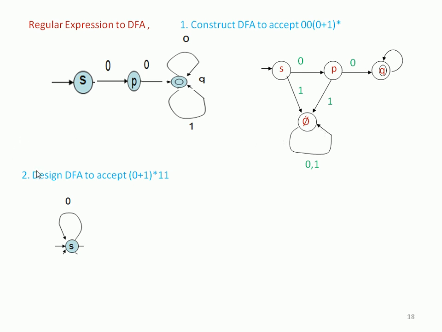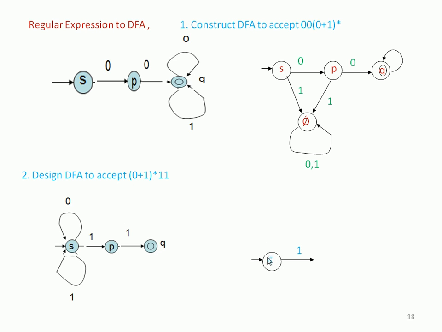So go to one more example. Design a deterministic finite automata to accept the string (0 + 1)* 1 1, right? Here 0 + 1 is at the initial state, meaning 0 or 1, and it can happen many times, that is why star. There is a 1, and q0 will be the final state.